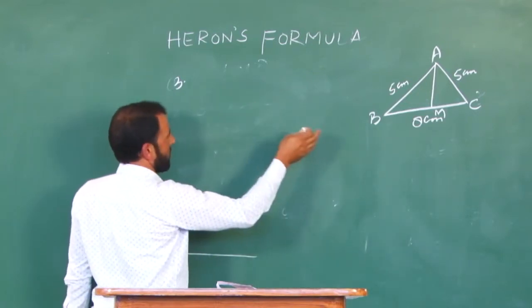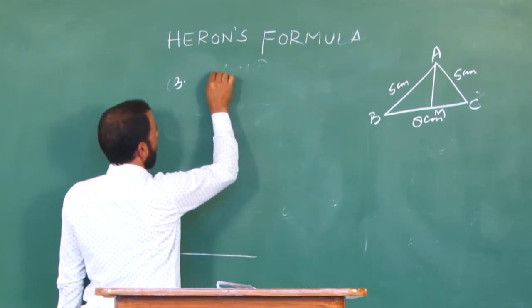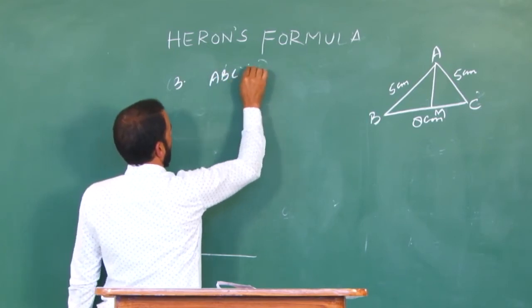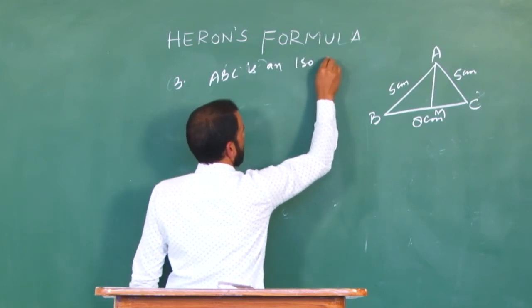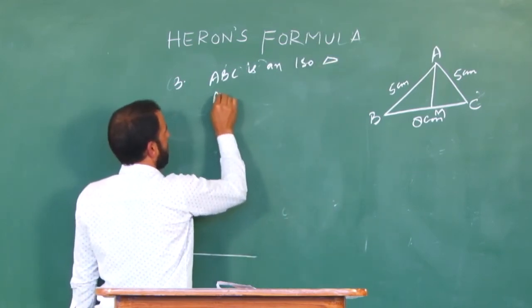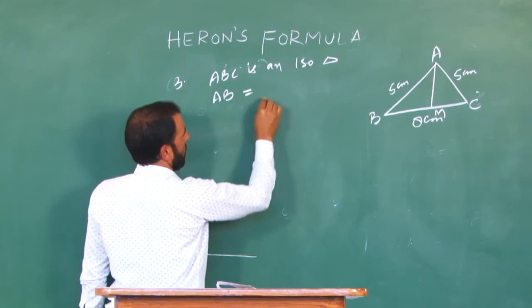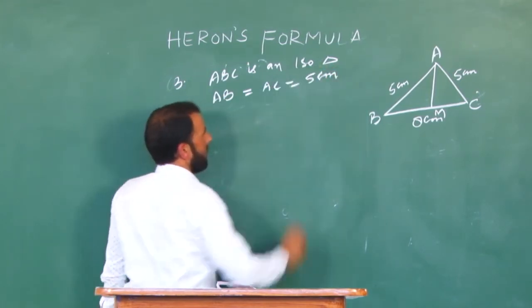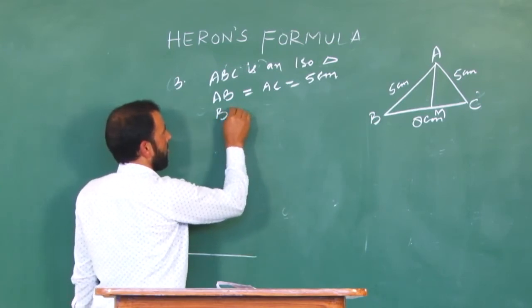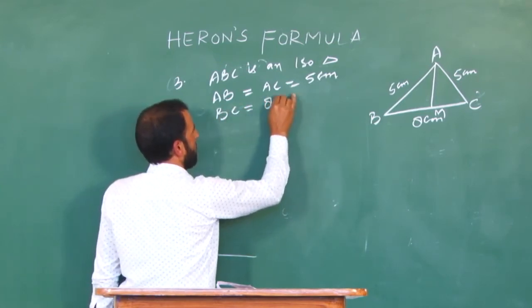So ABC is an isosceles triangle in which AB equals AC, both are equal to 5 centimeters, and BC is equal to 8 centimeter.